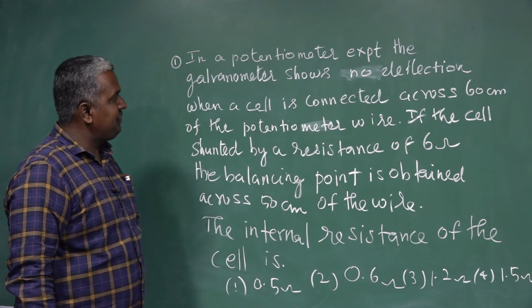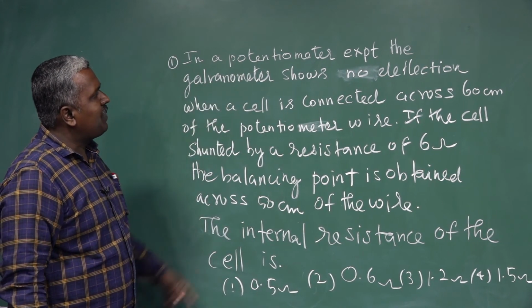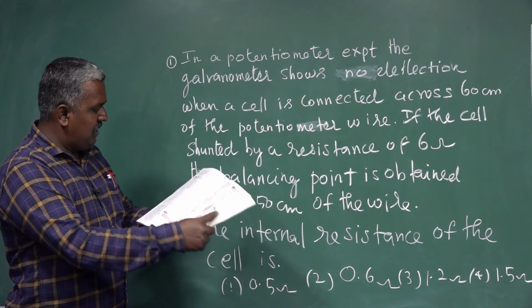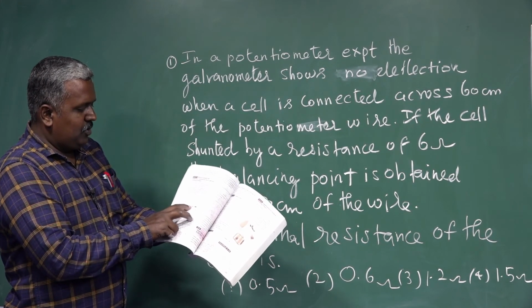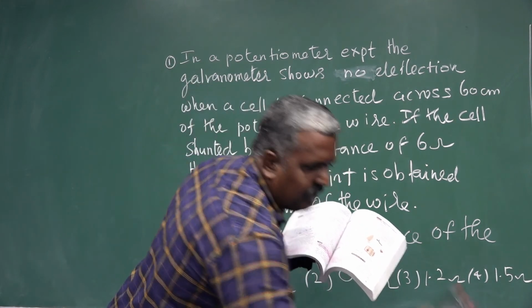Very simple problem. In a potentiometer experiment, the galvanometer shows null deflection. Null deflection means like this.